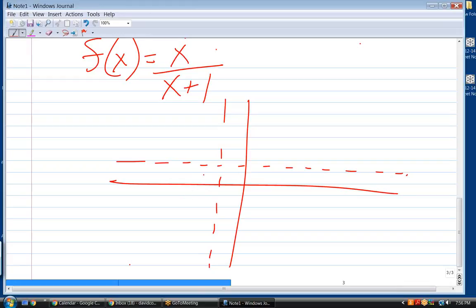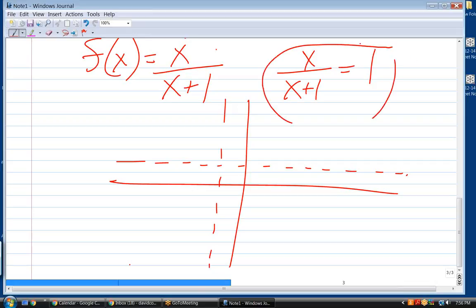Now, how do I know if I'm crossing this horizontal asymptote? Is there a solution to x over x plus 1 equals 1? If there is a solution to that, then I know that at some point in the curve I must be crossing my horizontal asymptote, right?